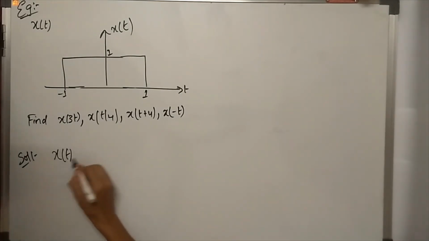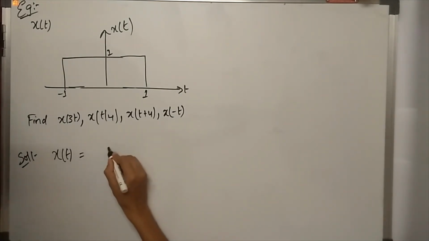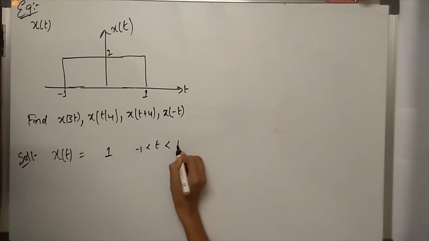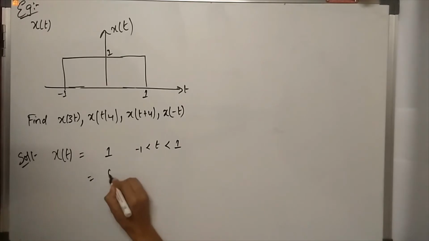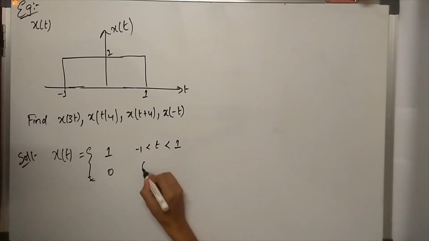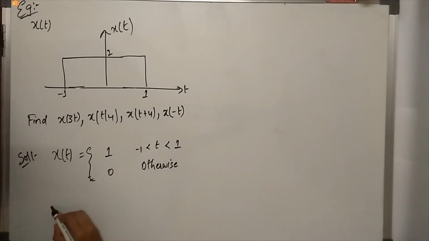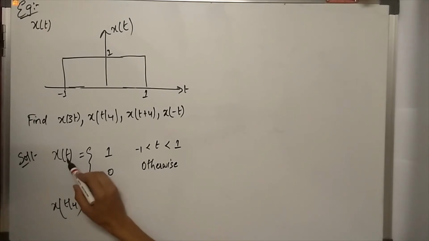I know x of t is equal to 1 for t greater than -1 and less than 1, and this is equal to 0 otherwise. If I ask you to find x of t by 4, all you need to do is replace t by t by 4.